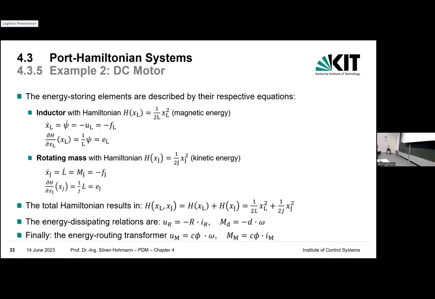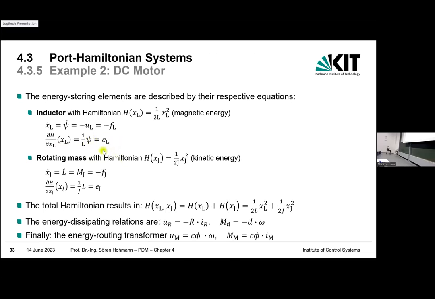First of all, let's look at the storage elements. We take the inductor with Hamiltonian 1/2L x_L squared, the magnetic energy, with x_L being psi, the magnetic flux. So here we model the system with the flux relation. Consequently, H derived with respect to x_L gives the flux variables.